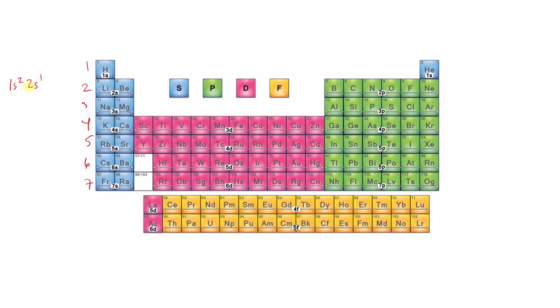So the last main energy level in the configuration is the second energy level. The same is true for sodium. We have 1s2, 2s2, 2p6, then 3s1. Again, it's on the third energy level. So we have the first energy level, second, third, fourth, fifth, sixth, seventh.